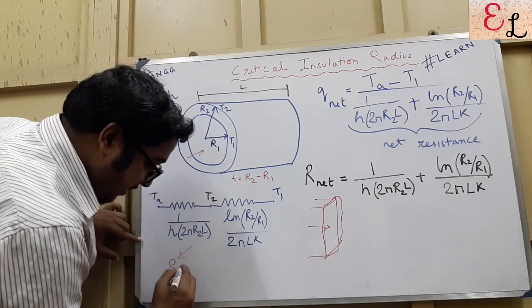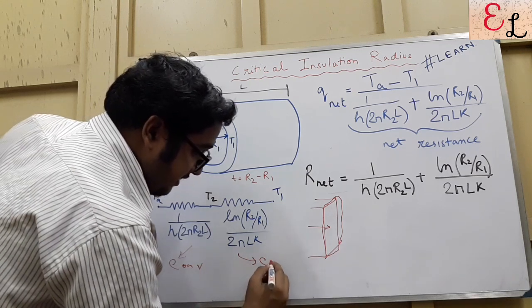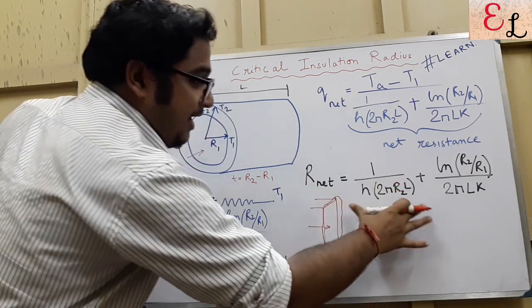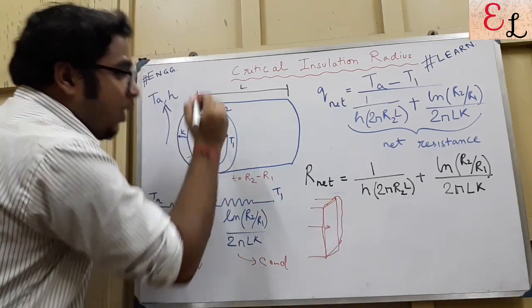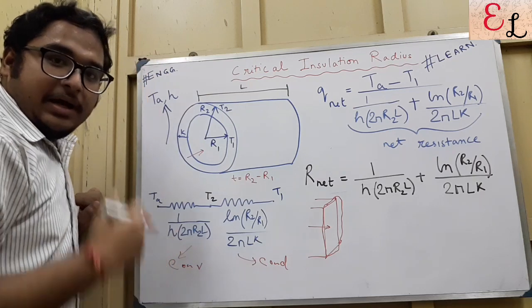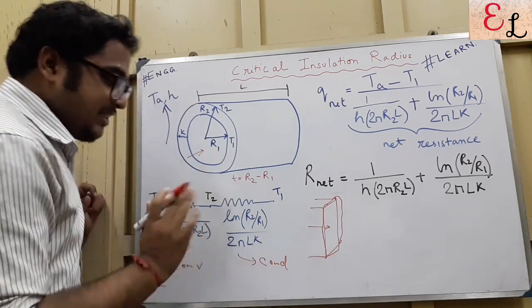So this is my convective resistance, and this is for my conductive resistance. And this is my net resistance. As we see, from T1 it drops to T2, and then from T2 to T ambient the heat gets transferred. So it faces two resistances in between.